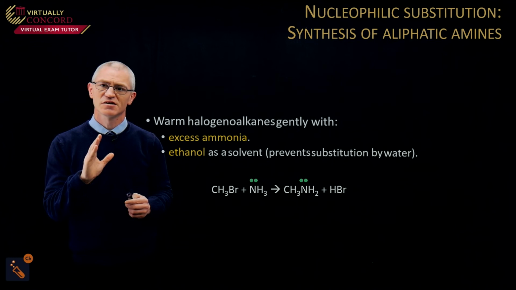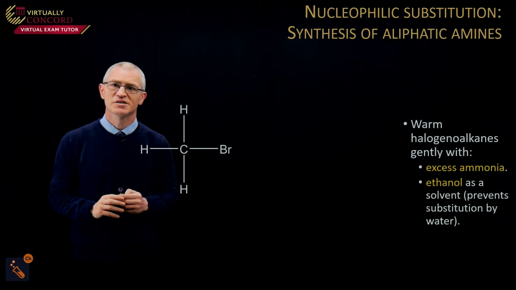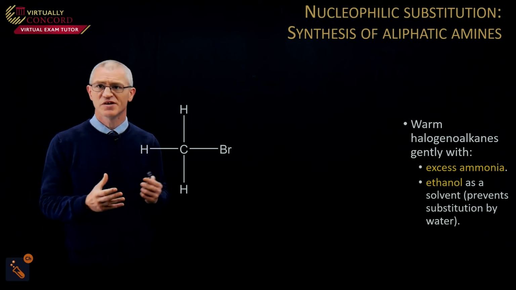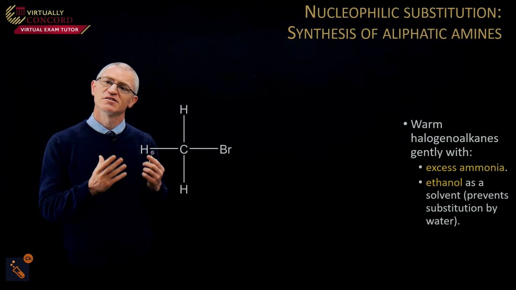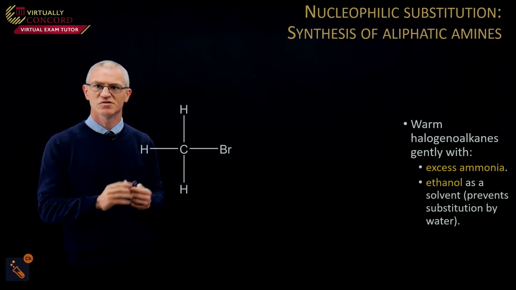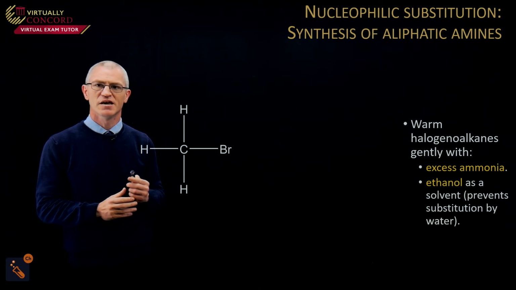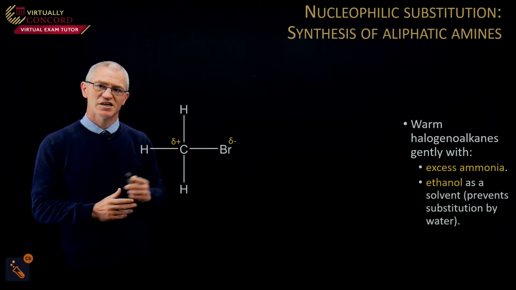Now let's look at the mechanism. So the mechanism is nucleophilic substitution. So the type of reaction that we're having, the type of mechanism, is nucleophilic substitution. So if you're asked to describe the mechanism, nucleophilic substitution. Now, what we do here is as we do normally, which is the dipoles, and that's because bromine is more electronegative than the carbon.